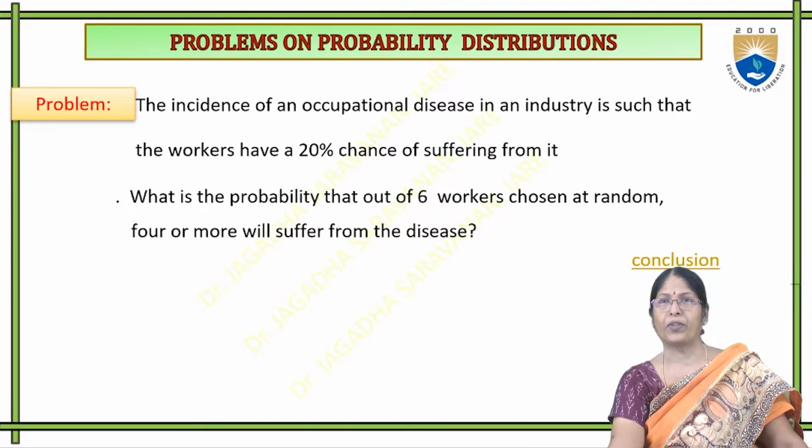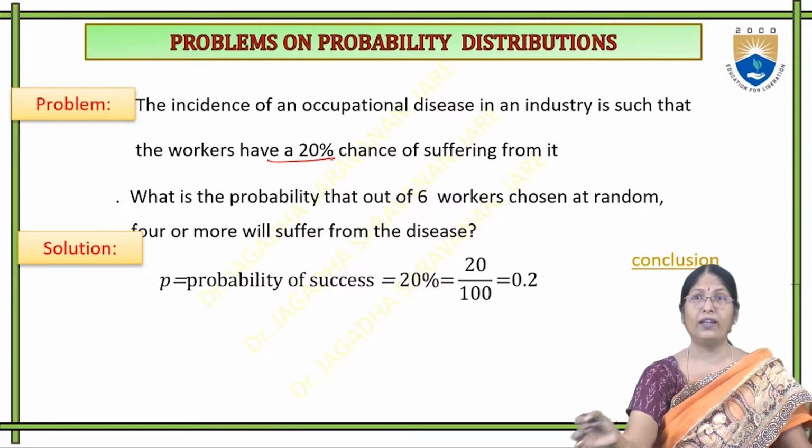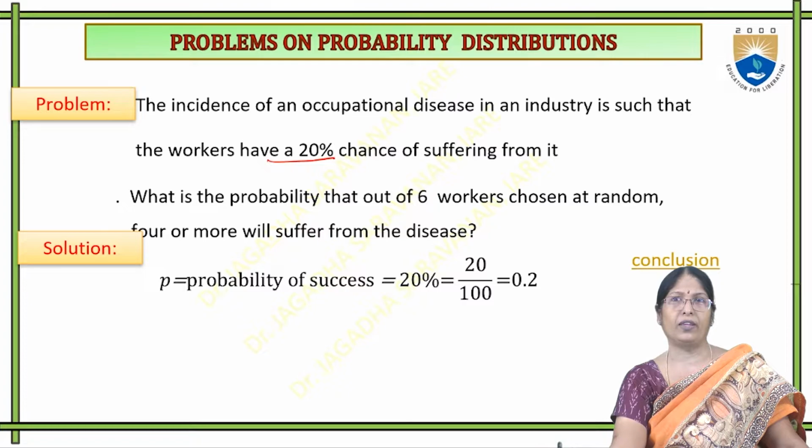P. Fine. Randomly we are picking some workers. How many workers are we picking? We are selecting 6 workers randomly, not specifically. Fine. In that, we are finding 4 or more suffering from that particular disease. Now P. In the total industry, 20% are affected by that particular disease.